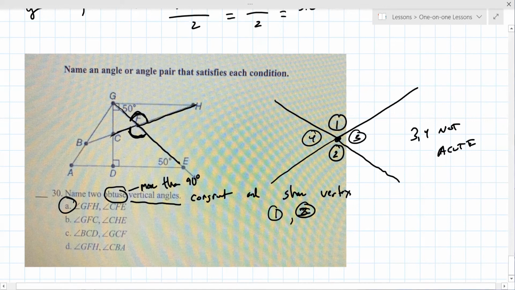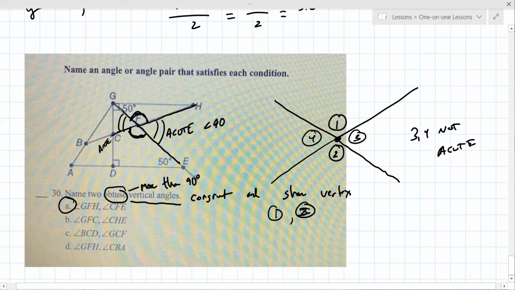Like G to F to C, that one's an acute angle. These other ones here, these are acute because they look like they're less than 90. B, C, D, that one's also acute. This one right in here looks also acute.